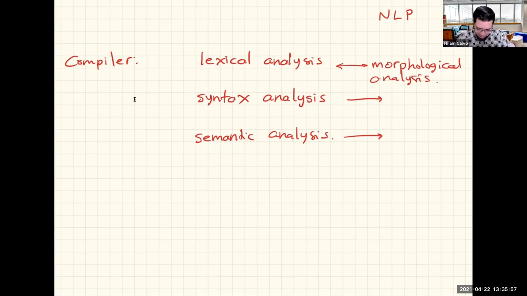Okay, let's not go too deep into this. And then we have syntax analysis, which will tell us theoretically which sentences are grammatically correct or not. And here we get into a big deal of trouble because you know that linguistics doesn't work like that.